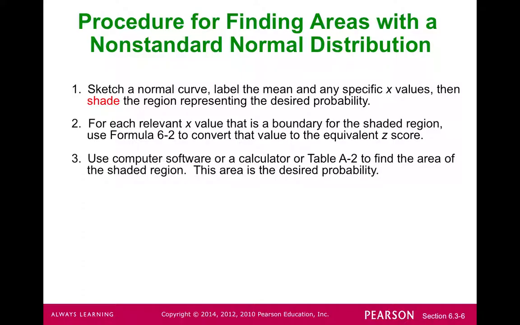Then we're going to use that formula that we just saw to convert that value to a z-score. And then we are going to use our z-score table, or technology, but in this course we're really using the z-score table, to then find that corresponding area. And as we've talked about before, area is the same thing as probability with respect to these types of graphs.